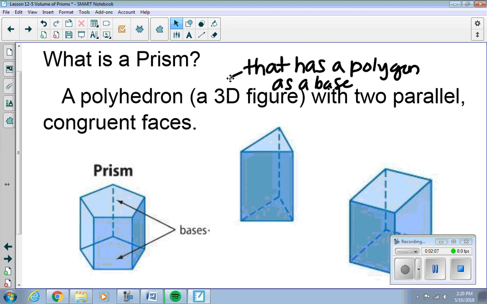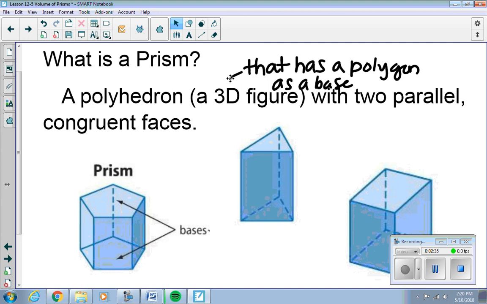Now here's the deal. There's different kinds of prisms, and prisms are always named by their base. When we think of base, we think of something that's sitting on it, like on the floor. But that's not true in terms of prisms. Prisms' bases, there's always two of them, and they're always on opposite sides.